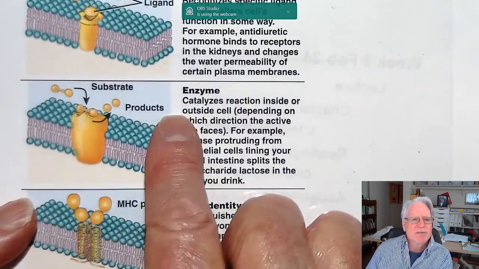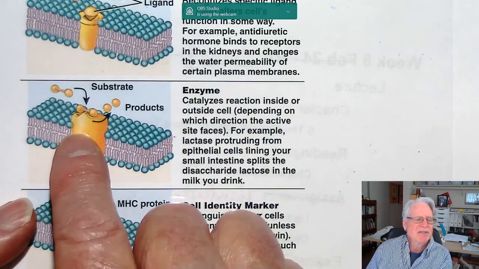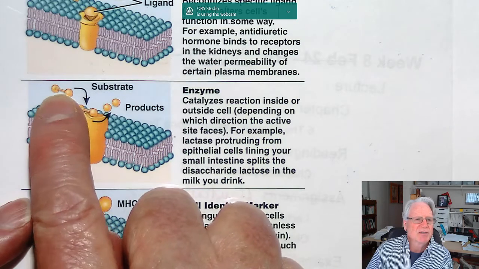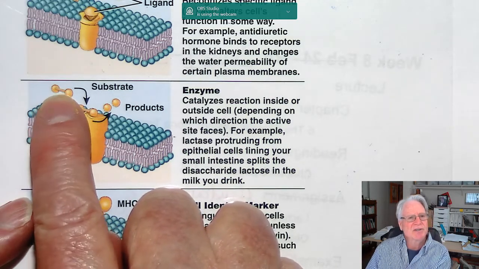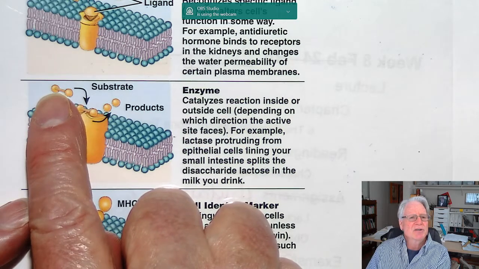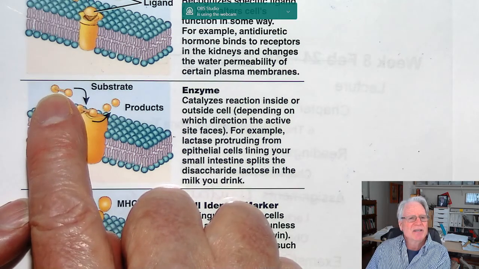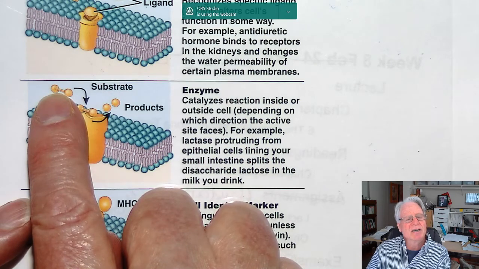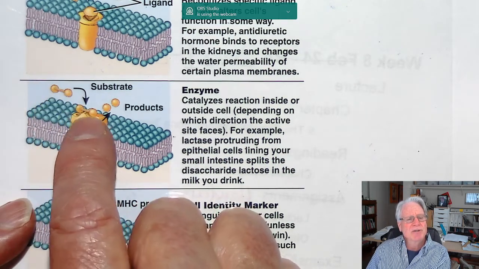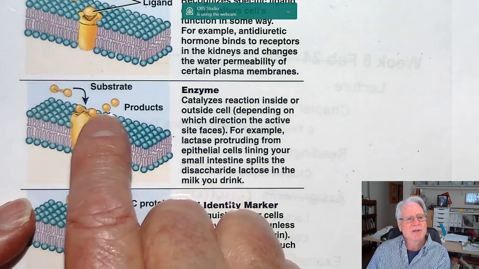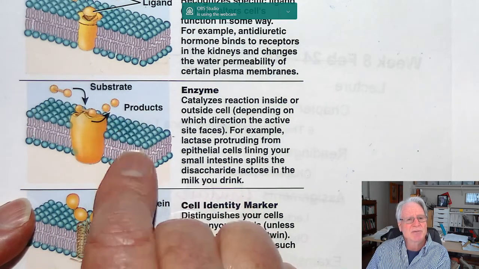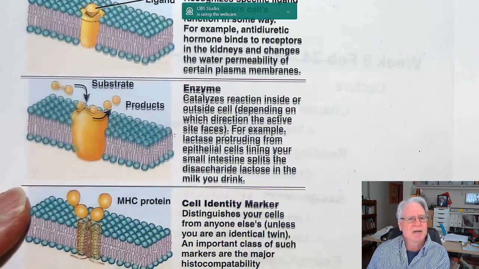So enzymes, we talked about those. So this might be an example of a brush border enzyme. So here we have, let's say, two sugars attached to each other. This is in your digestive tract. And this was part of a much larger carbohydrate. We've broken that down in the lumen of the gut. And now we're at the last step. We're going to break that bond between the two sugars and produce two simple sugars, two monosaccharides, and this is what gets absorbed into the body.